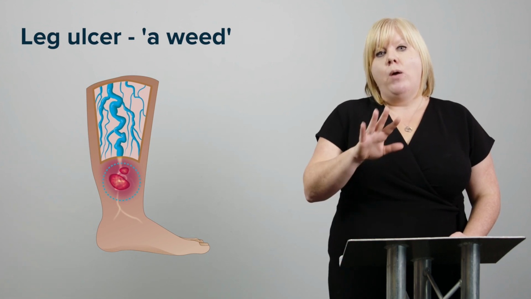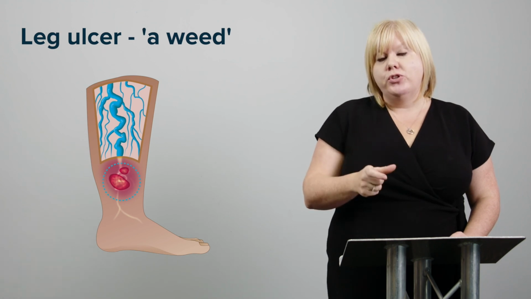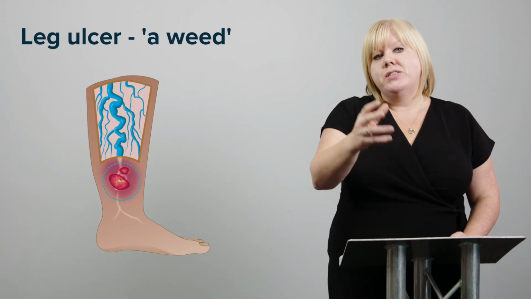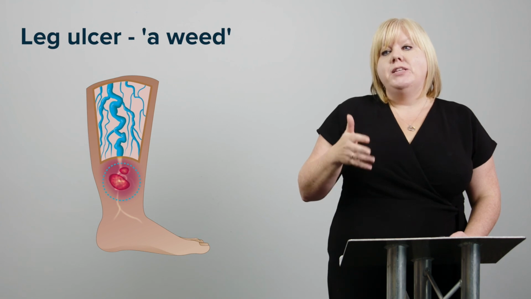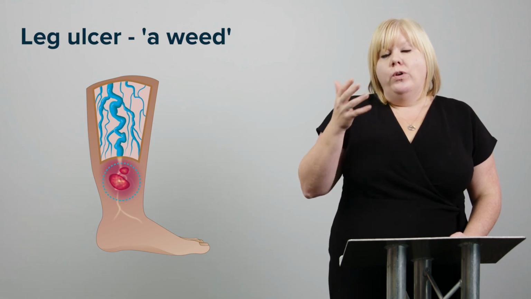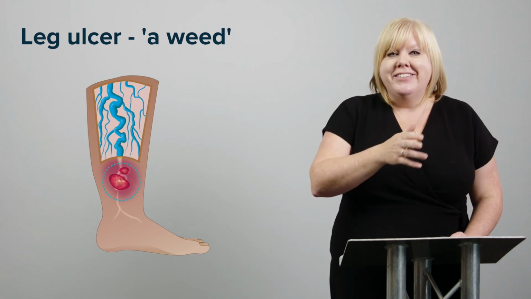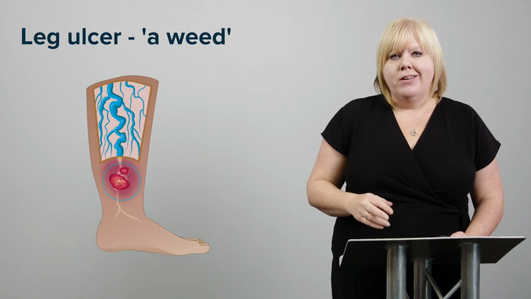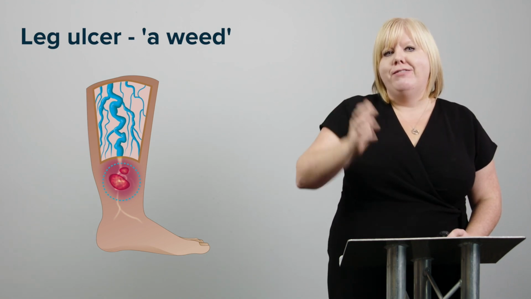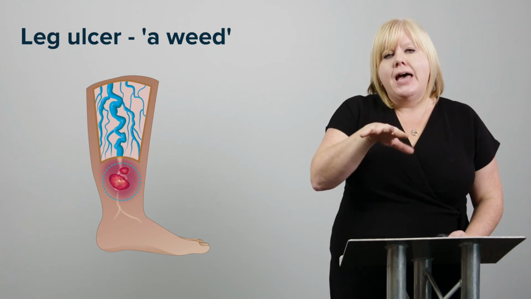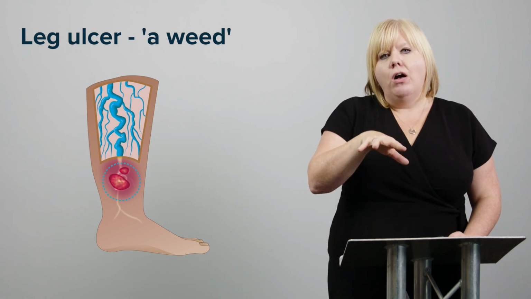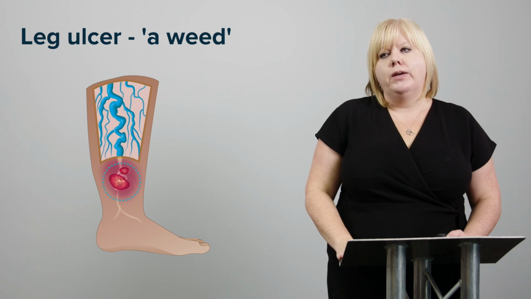We need to think about what's happening behind that wound in the structures of the skin, in the arteries and the veins. Because actually we need to be thinking about the lower limb wound is either a leak in terms of venous hypertension or a blockage in terms of arterial insufficiency. And we need to be targeting the underlying cause to help these patients to heal quicker.